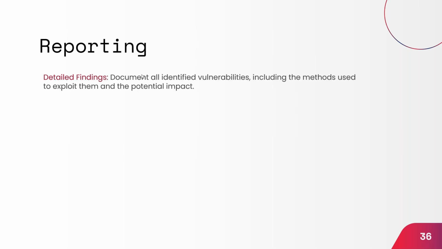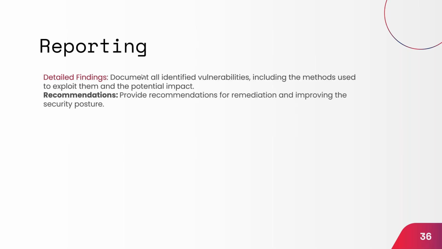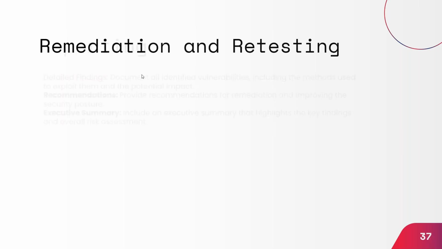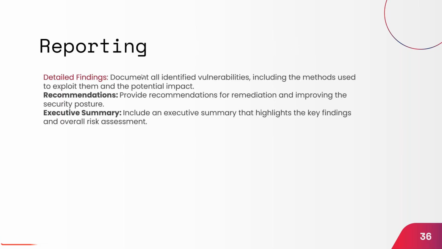Once it is done, identification of vulnerability, exploitation, and post exploitation, we capture every step with screenshots, and we create the detailed report with all the recommendations and provide the executive summary and all. Okay, so mostly we create a technical report, right?